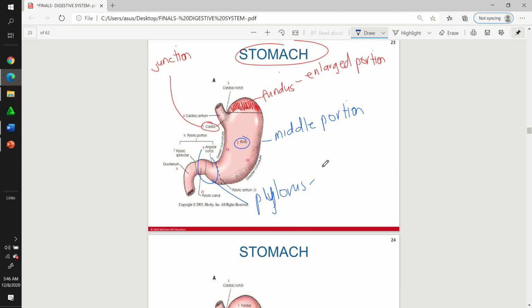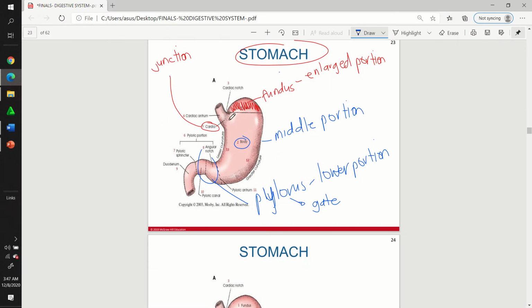That is the lower portion. That's your pylorus. Pylorus means gate. What is exactly happening to your stomach? So your stomach has four regions. We have your cardia, your fundus, and then your body, and then your pylorus.